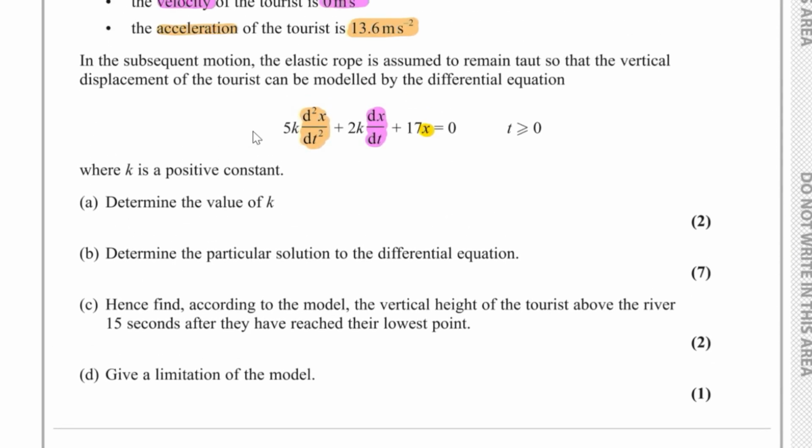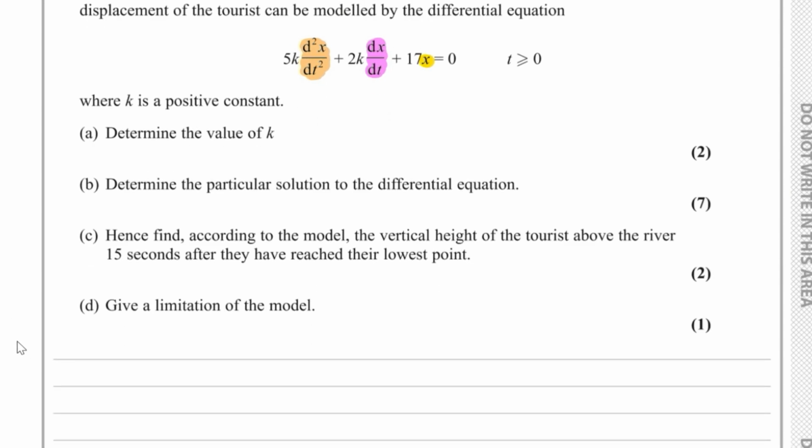So for part A, if we substitute into the differential equation, we have 5k lots of 13.6. So this 13.6 is the acceleration, plus 2k lots of 0.